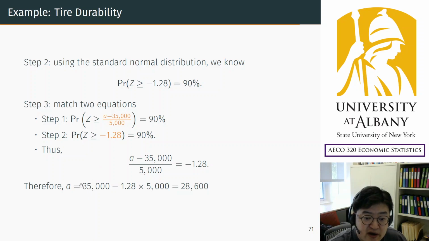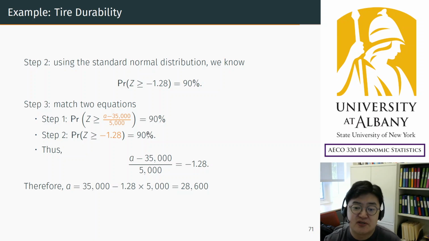You start from 35,000, which is the mean, the 50th percentile, but from here you go below by 1.28 standard deviations, which is 5,000. So 5,000 times 1.28 should be deducted from the mean to satisfy 90%, like the 10th percentile.